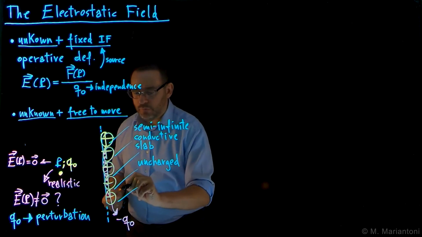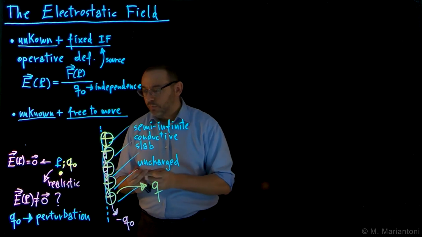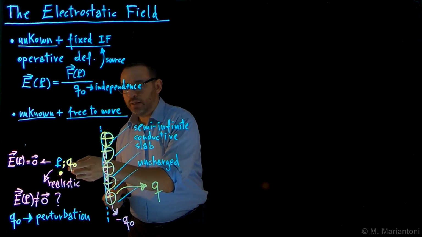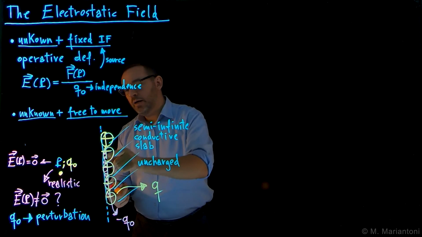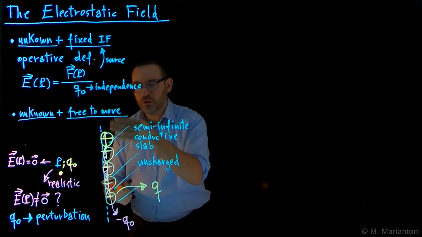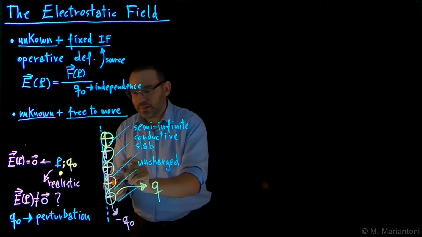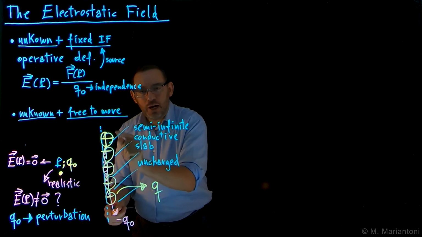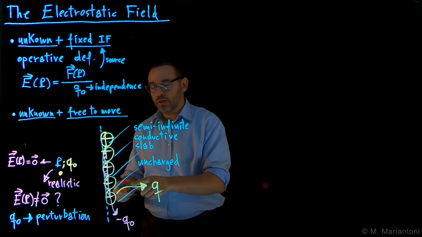So I have a positive charge, let's call it Q. When I use a test charge Q naught, this, on top of the superposition principle, on top of this positive charge which I put on the conductor, this test charge will also induce by electrostatic induction this red little charge, which will sum algebraically with the positive charge.